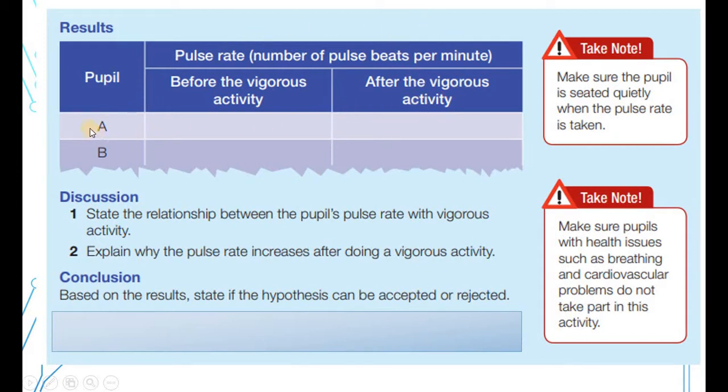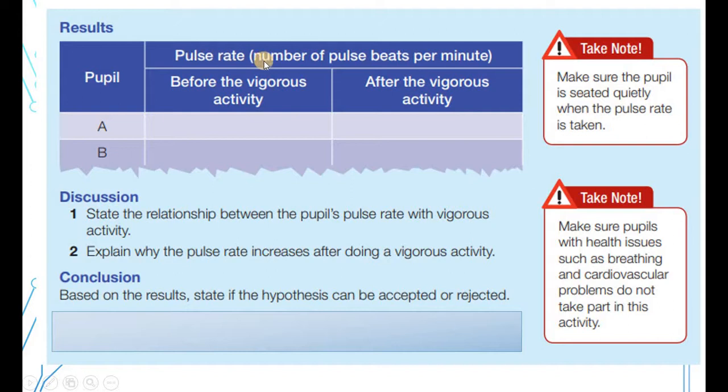So for the results, I want you to get 3 more data, 3 more results of your friends, combined together here. So you have pupil A, pupil B, pupil C, and pupil D. Okay, and then you have to write the pulse rate here. The pulse rate.